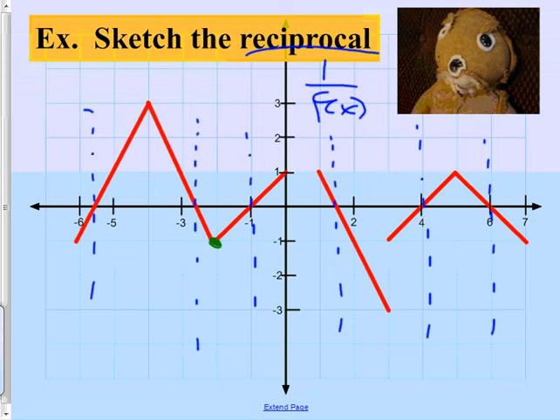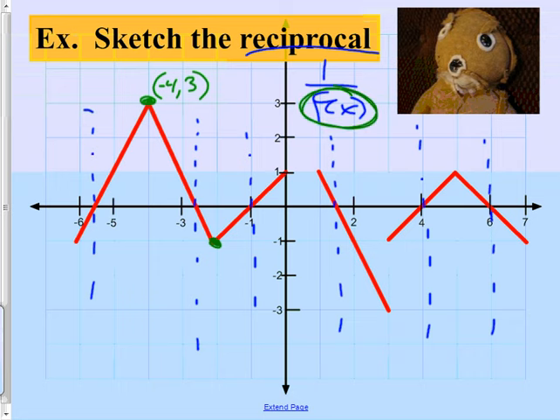All right, so this is another local maximum. That spot will not stay exactly where it is because it's at -4, 3. And so its new point would be 1 over the y, right? The x stays the same.